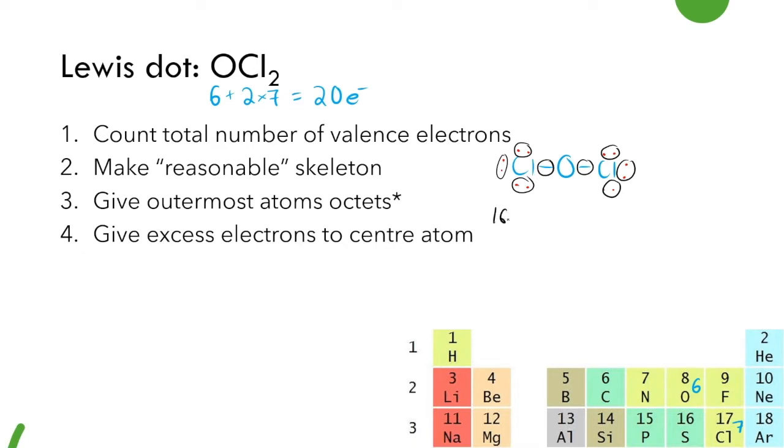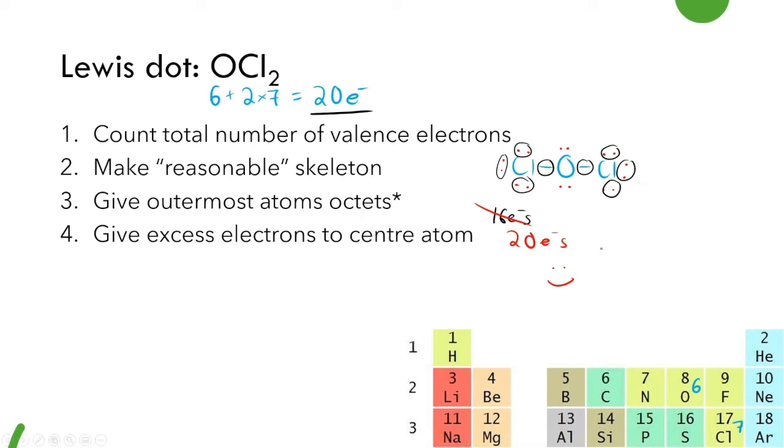We have 16 electrons so far. We need 20. So we're going to give excess electrons to the center atom. We're going to give it 4 electrons. That's 2 lone pairs. And now this entire molecule has 20 electrons, and as a result, it is happy.